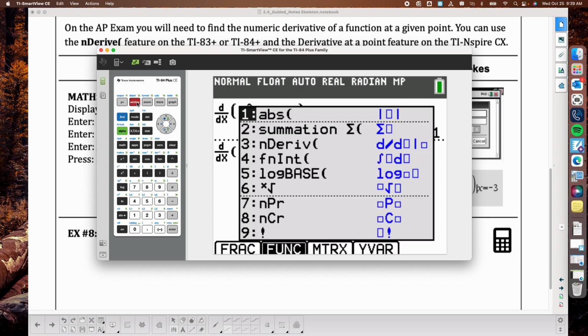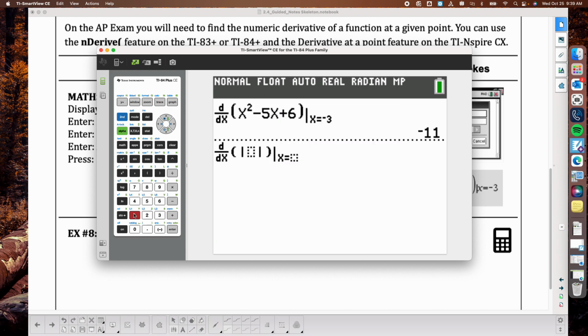If I go back to F2, it's the very first choice. Now, FYI, the secret menu is basically just shortcuts to the same things. Almost every single one of these is under the math button in some location. The F2 is just supposed to be a faster way of getting to it.